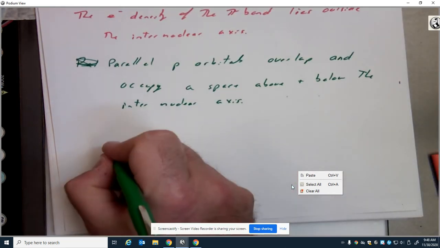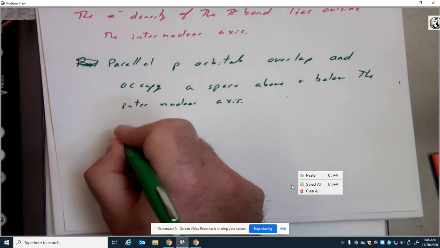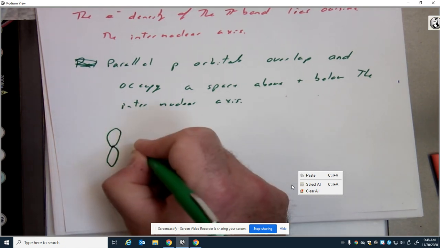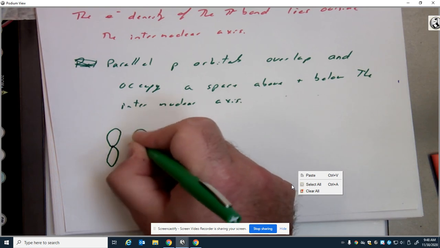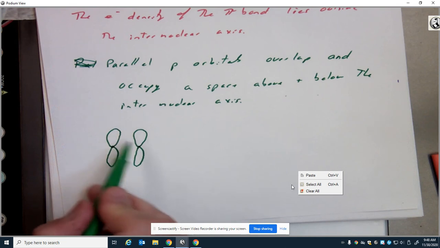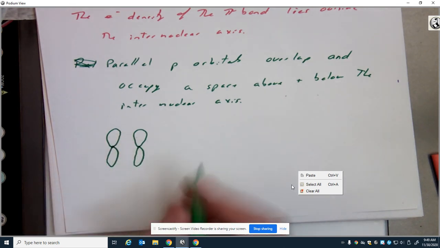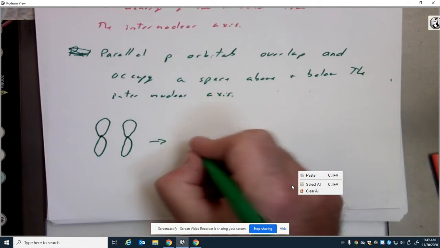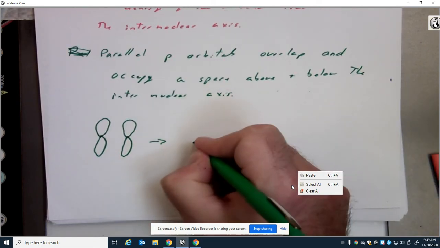Now what we're going to do is they're going to be parallel. Okay, so here's one p, here's the other p. Instead of going end to end, now these are going to overlap here and here. So what we get is something like this. Let me try. Okay, so here's one p.